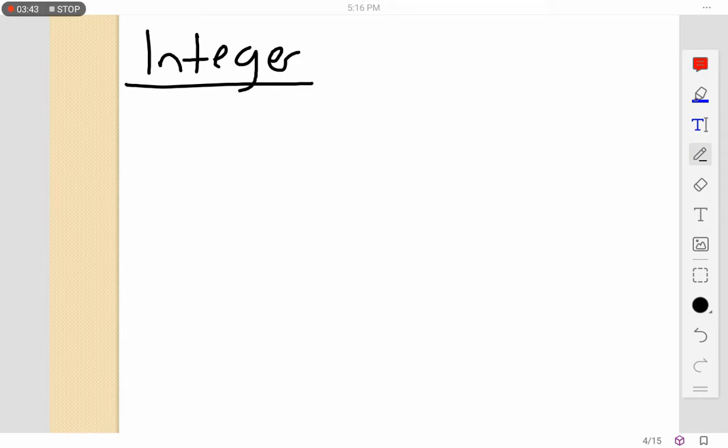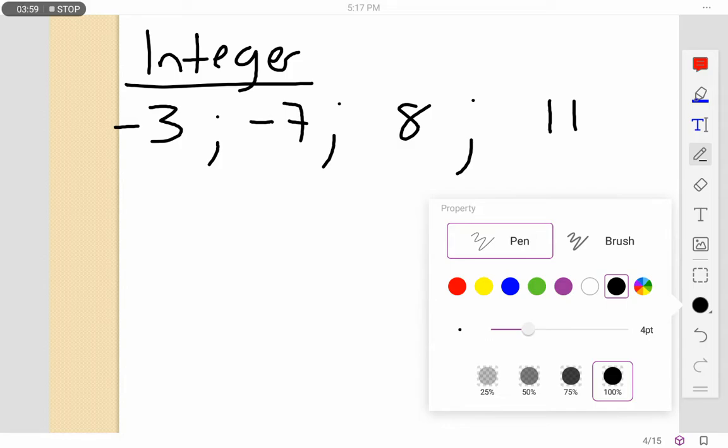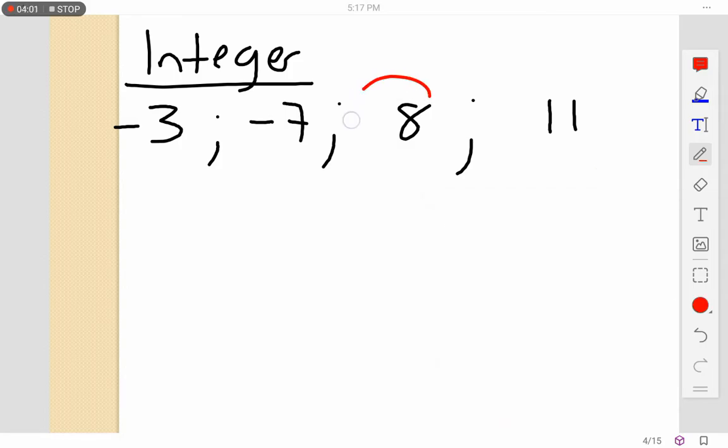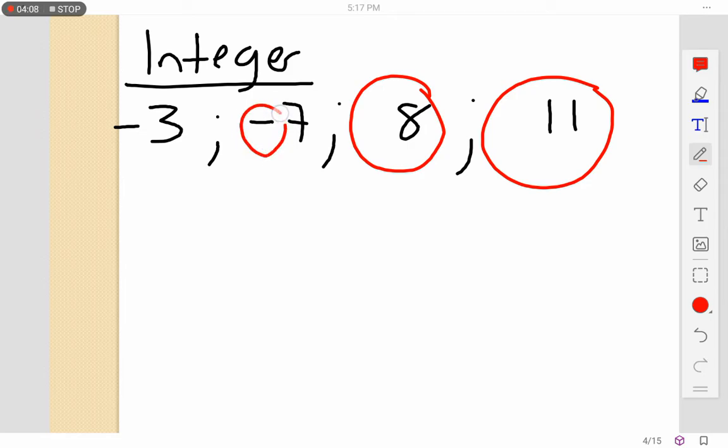So we can have integers like -3, -7, 8 positive, maybe 11. Numbers like 8, 10 and 11 don't have a sign, unlike the negative numbers on the left side, which have the minus.